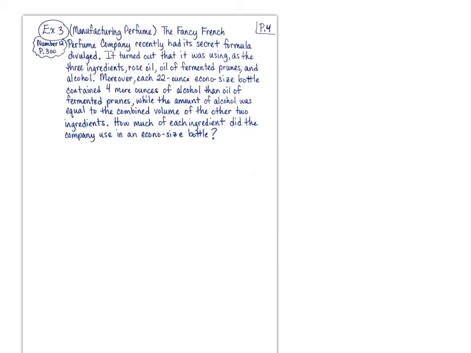I see some facial expressions like, what in the world? Let's take our time, go through it. What don't we know? Well, how much of each ingredient? Excellent. So our unknowns, let's write those down and label those. Let's call X the number of ounces of rose oil.